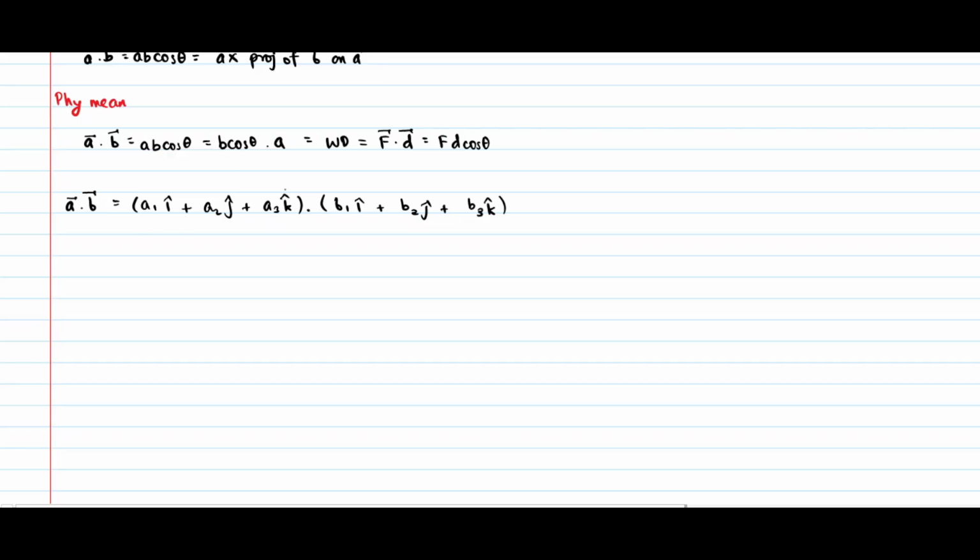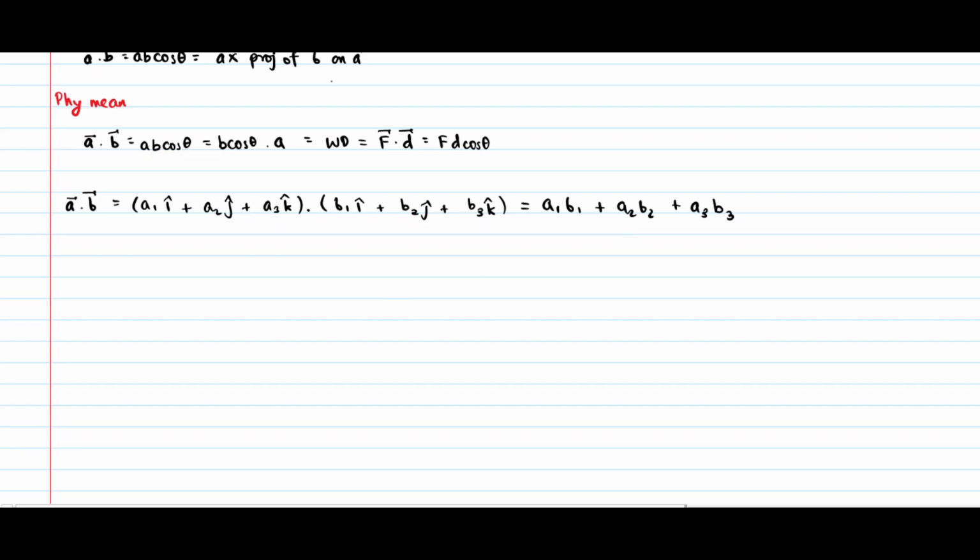You would have to multiply each term, and you must know a few things. We talked about the perpendicular case: when two vectors are perpendicular the product will be 0, so it is 0 if i vector multiplies with j or k. It is not 0 only when the same vectors multiply. That's why the answer you get will be a1 b1 plus a2 b2 plus a3 b3. So this is the component-wise formula.